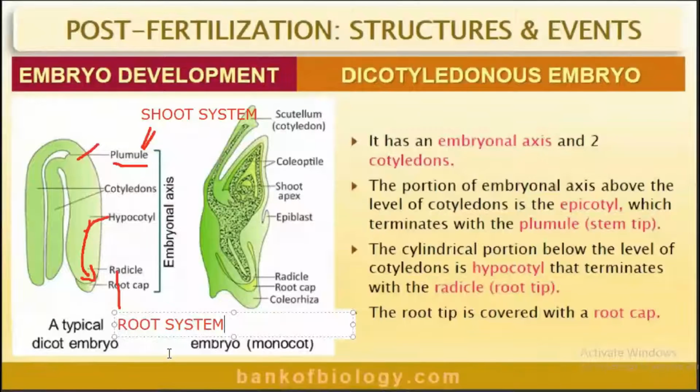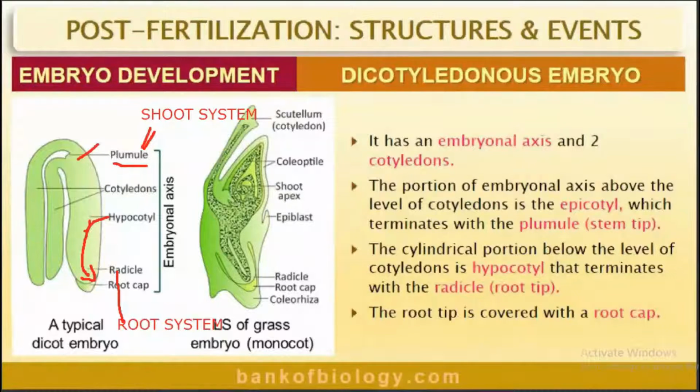So what do you mean by epicotyl region? What do you mean by hypocotyl region? Which part emerges from the epicotyl region and which portion emerges from the hypocotyl region, we studied. Then the root tip is covered by the root cap, that we know already. Then what about the monocot embryo?